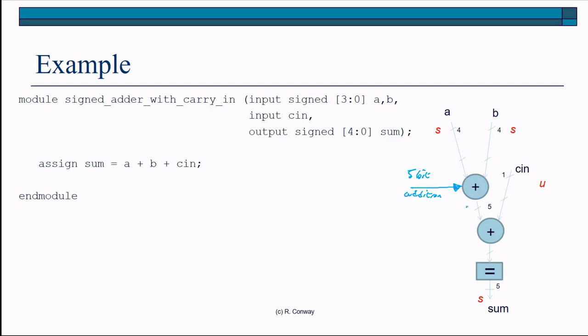The next question is whether the output is signed or unsigned. Well, both our operands to the addition are signed, but remember, because it's context determined, we have to look to other parts of the expression, and we see that Cn is unsigned. And because all three are not signed, this is a 5-bit unsigned addition. So the output is an unsigned output.